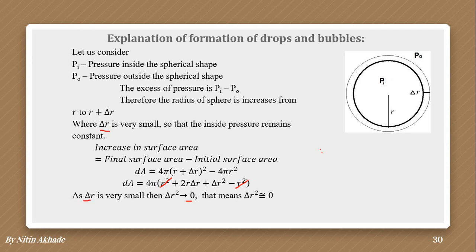So consider one example: if we have the value 0.02, which is a small value, and we take its square, what is the value? It is 0.0004.